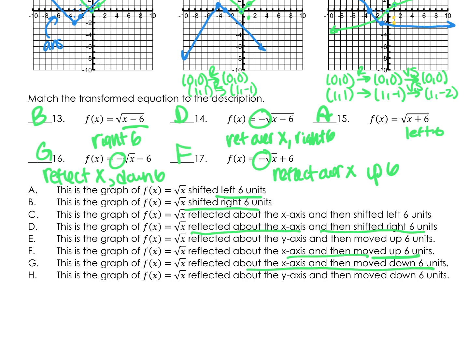Now, in case you were wondering maybe what H would look like reflected about the y-axis. So like H, if it was across the y-axis, the negative would have to be inside, and then down 6 would be a -6 on the outside. So that's what H would look like.